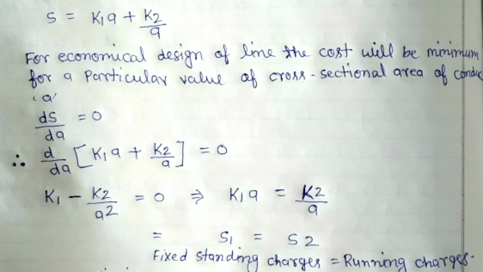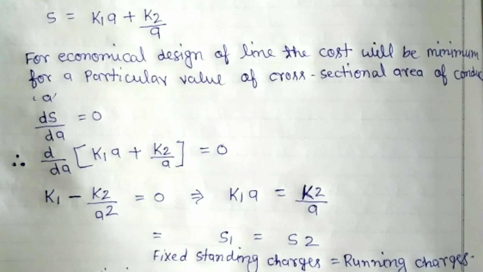Putting the value, d upon dA of K1A plus K2 upon A equals 0. Then differentiating, we get K1 minus K2 upon A squared equals 0.